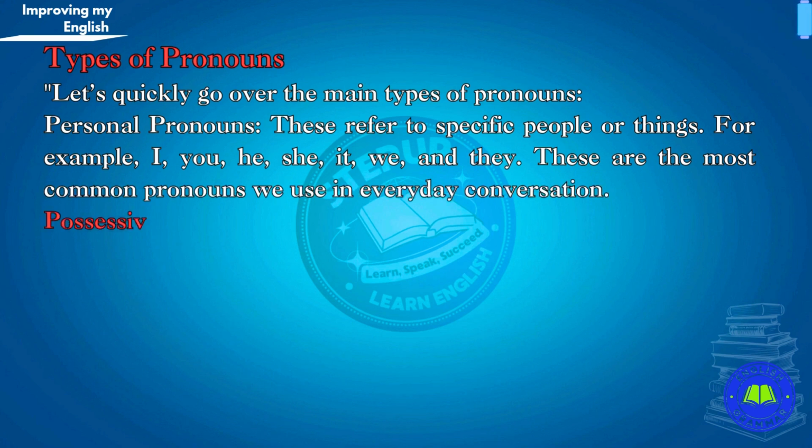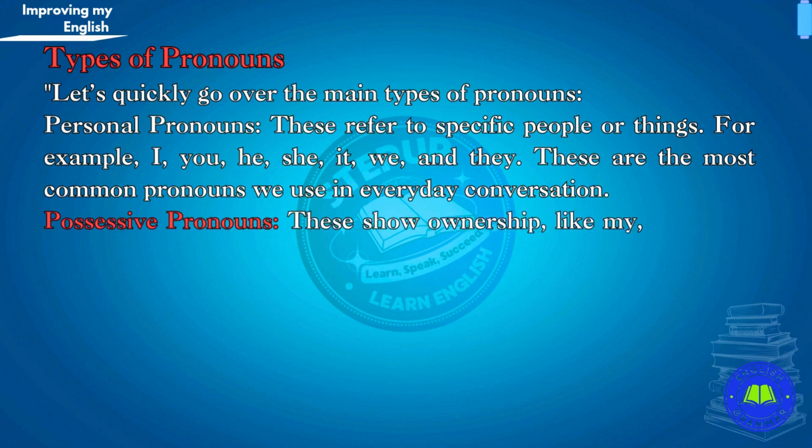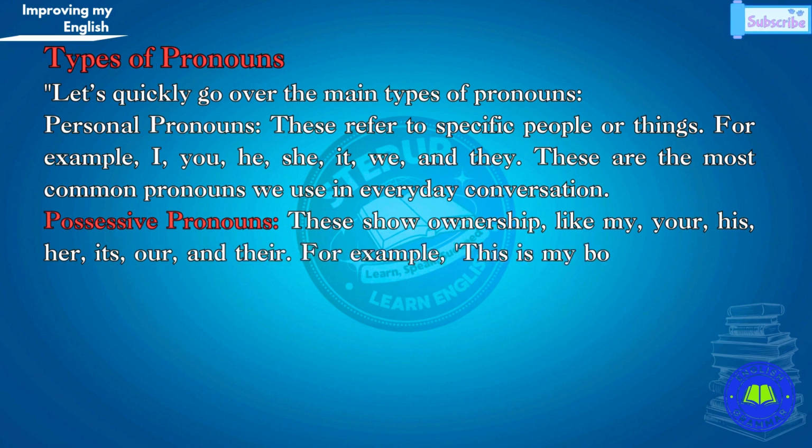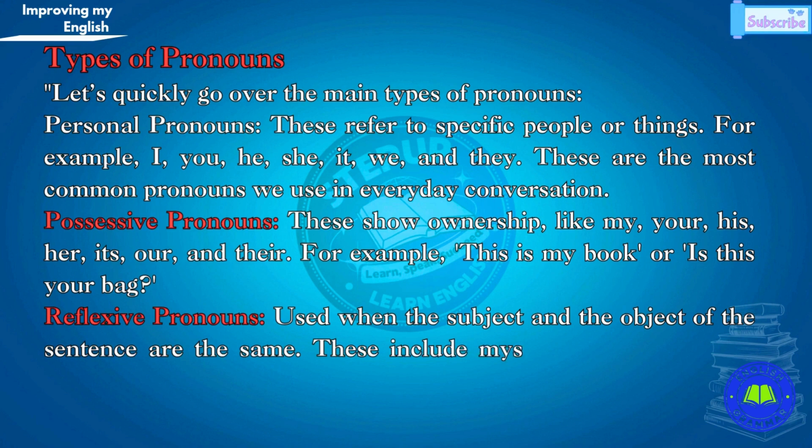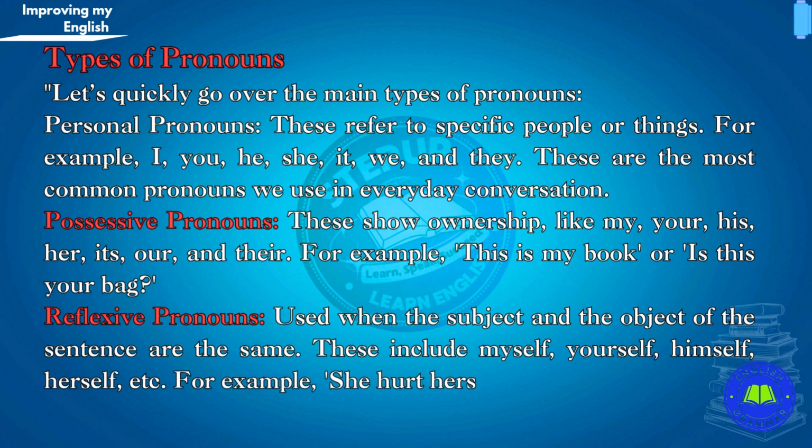Possessive pronouns. These show ownership, like my, your, his, her, its, our, and their. For example, this is my book, or is this your bag? Reflexive pronouns. Used when the subject and the object of the sentence are the same. These include myself, yourself, himself, herself, etc. For example, she hurt herself.